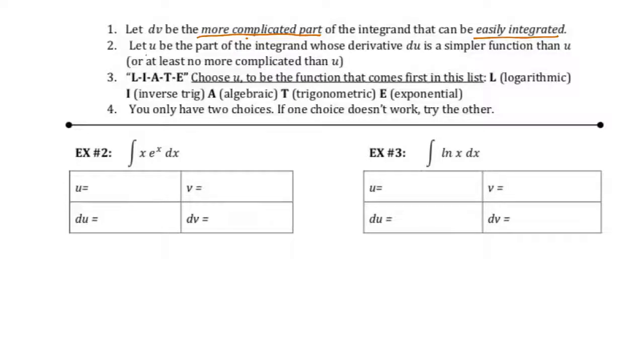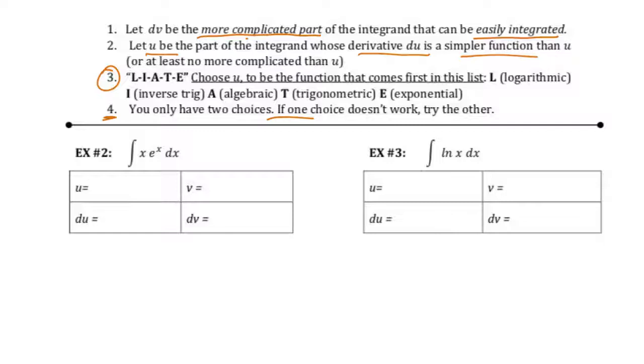And then u is going to be a part whose derivative is simpler than the function that you're starting with or that you're given. This goes through a good process. And then like it says in part 4, you only have two choices. So if one doesn't work, try another.